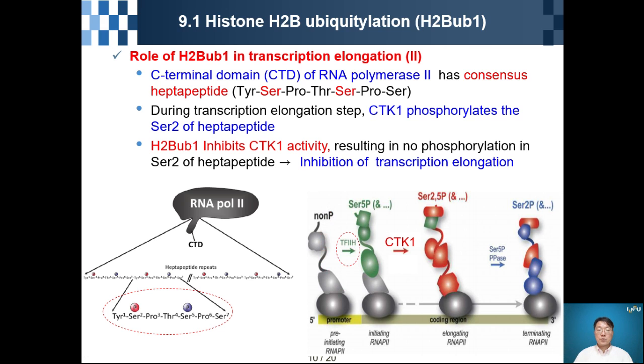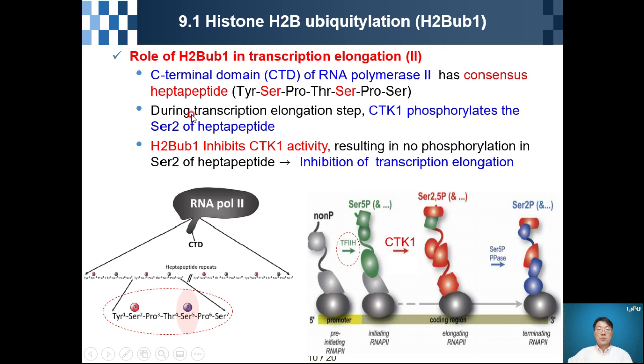Transcription factor 2H has helicase activity, so it unwinds the DNA structure. Transcription factor 2H also has phosphorylation activity, so it will phosphorylate the serine at the fifth location. After that, transcription can be initiated.